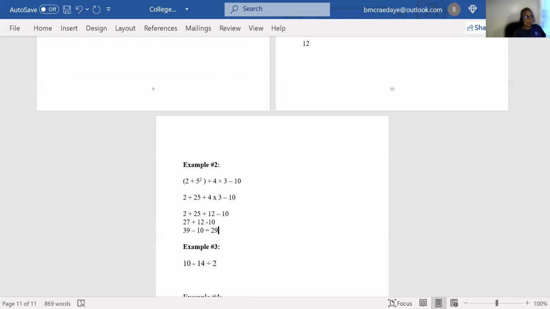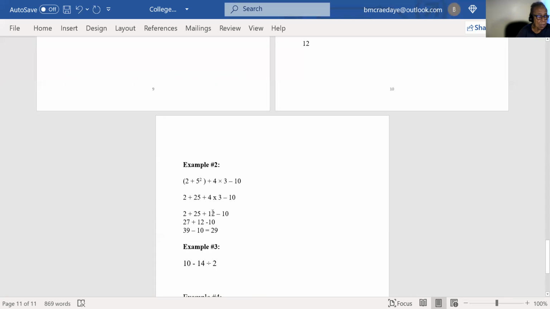Okay, so that's how you would do that one. Notice we did parentheses first, but parentheses had an exponent. So we did 5 to the second. 5 times 5 is 25, and 2 plus 25 is 27. Now you could have just added here, 27.